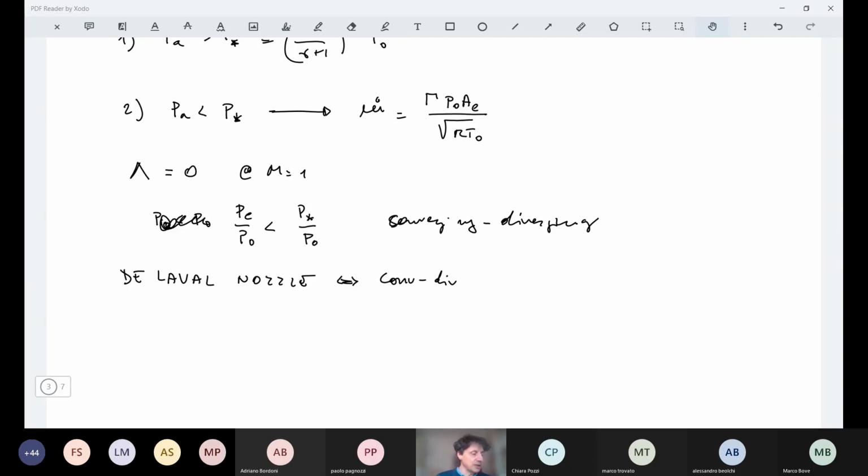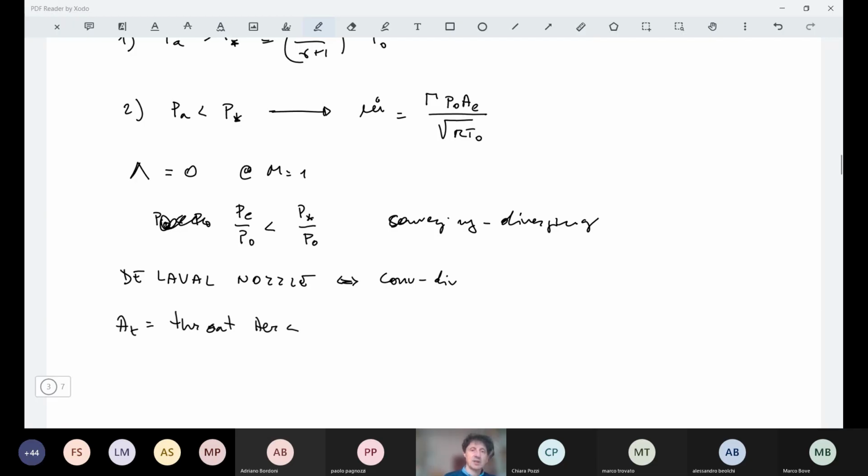Now we would like to use it once we know the mass flow rate, because if we have a converging diverging nozzle and sufficiently low ambient pressure, we have choking conditions, so we know what the mass flow rate is, which in this case will be related to the minimum cross-sectional area, referred to as the throat area.